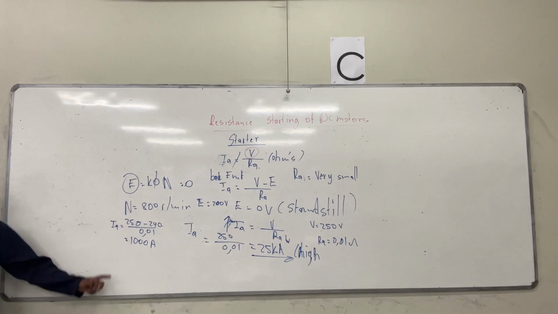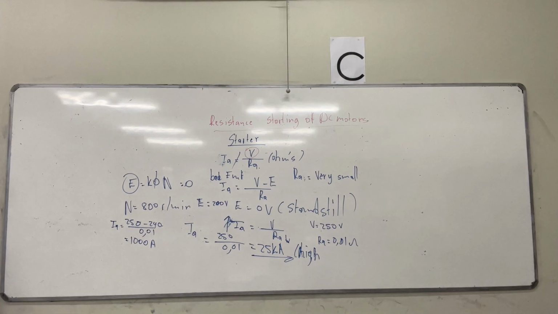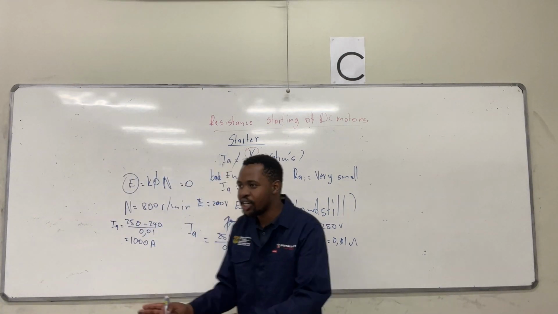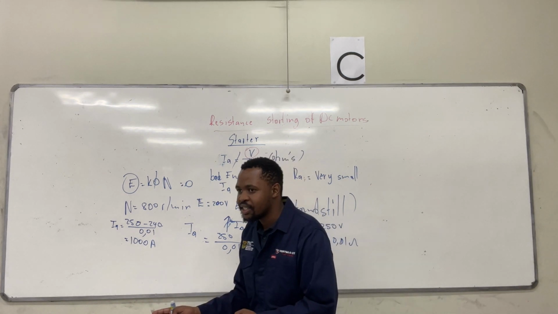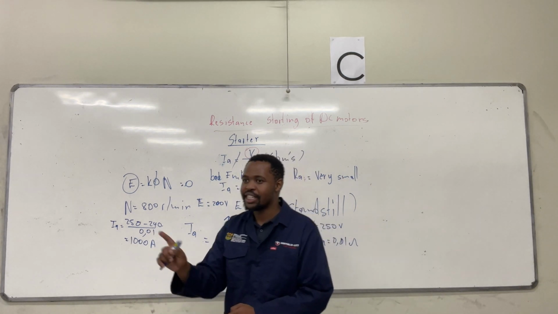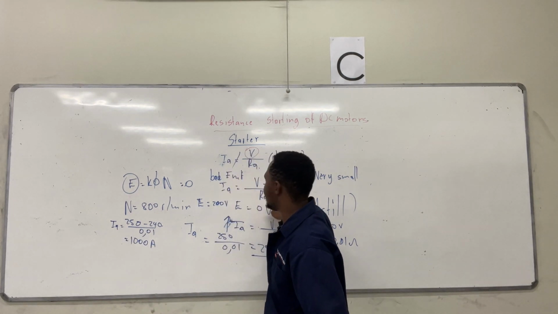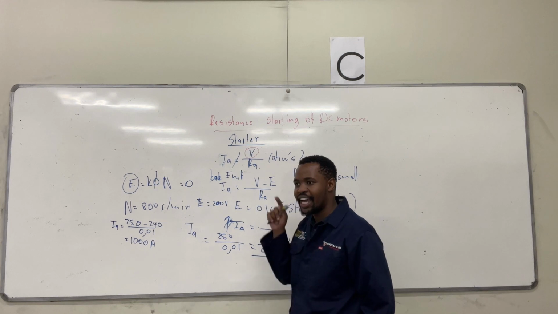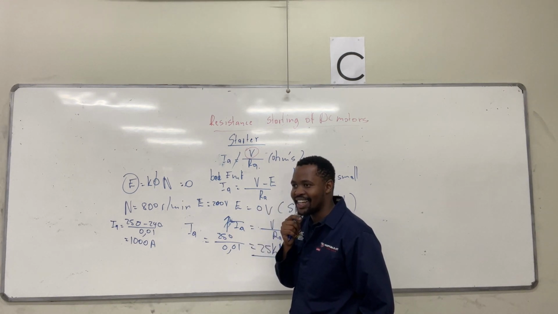The importance of the back EMF is to control the amount of armature current. But the challenge is that at starting the back EMF is zero, so we're going to have a high starting current.